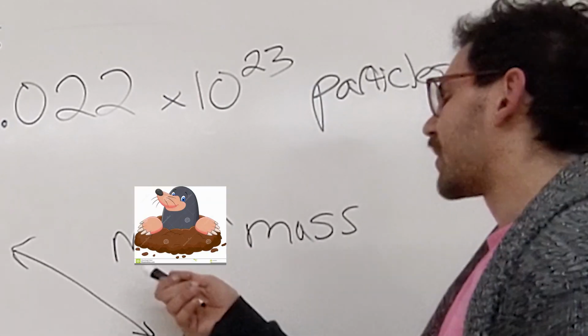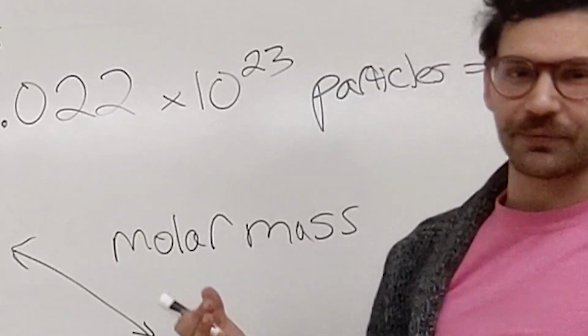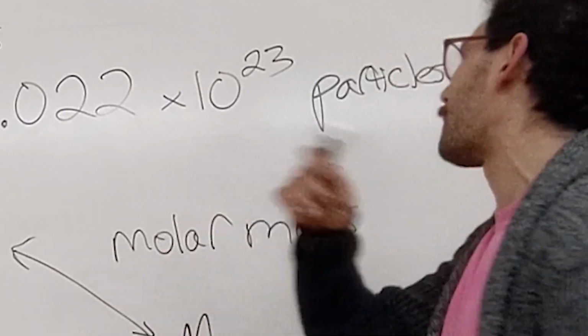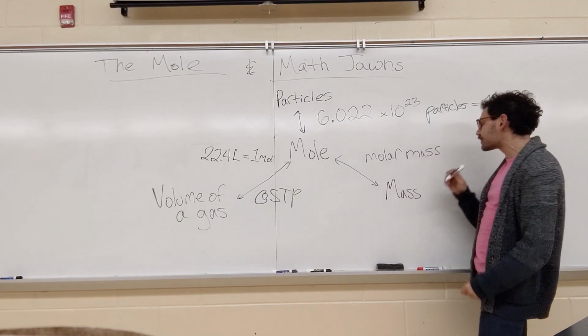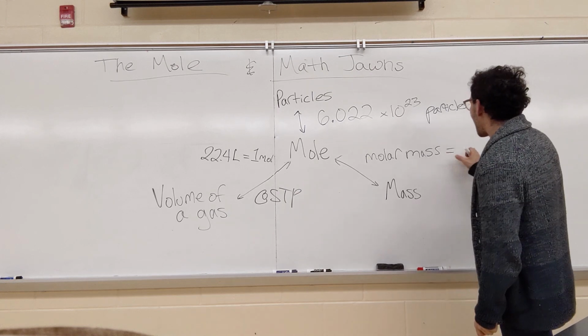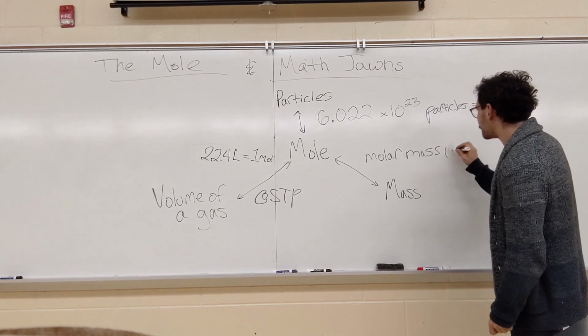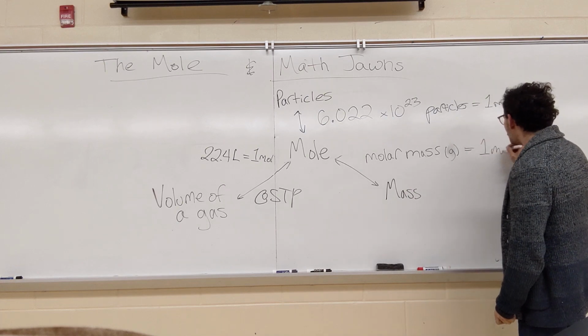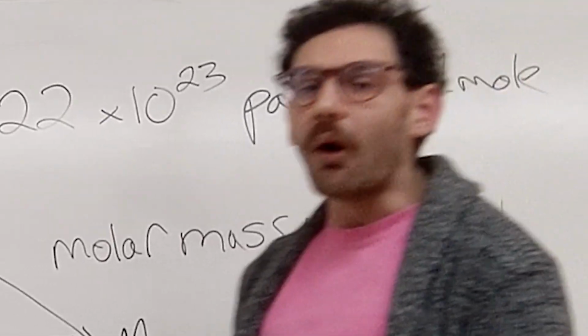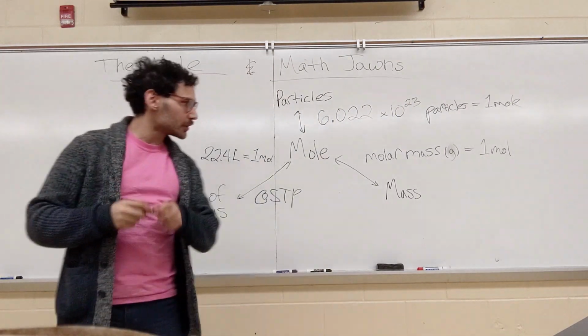I don't know why they didn't just call it the mole mass. Maybe somebody got confused. This looks like we're talking about teeth, but we're not. We're talking about molar mass, the conversion factor between mole and mass. Usually this is going to be expressed in grams, and it's the number of grams equal to 1 mole.